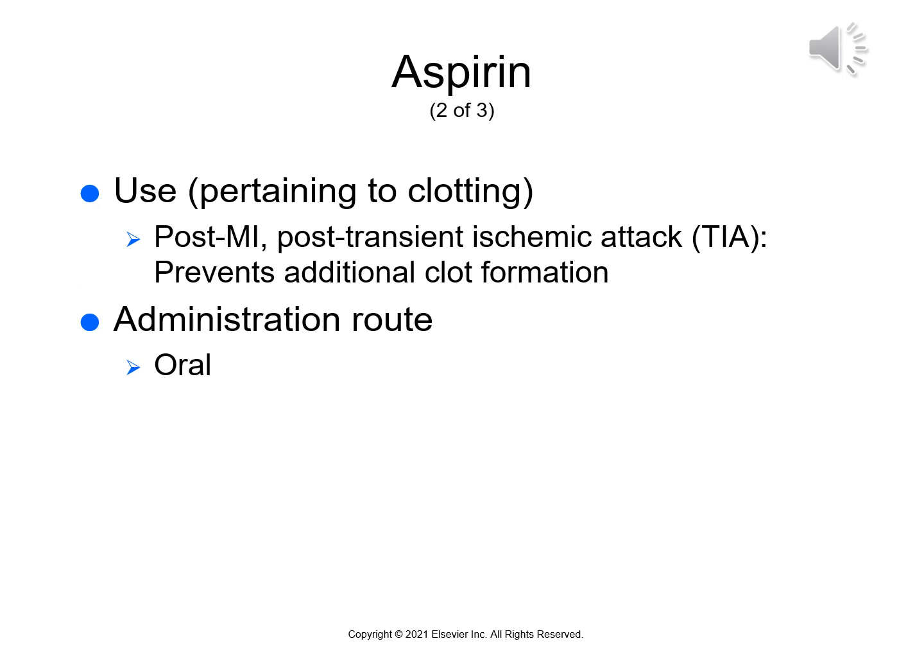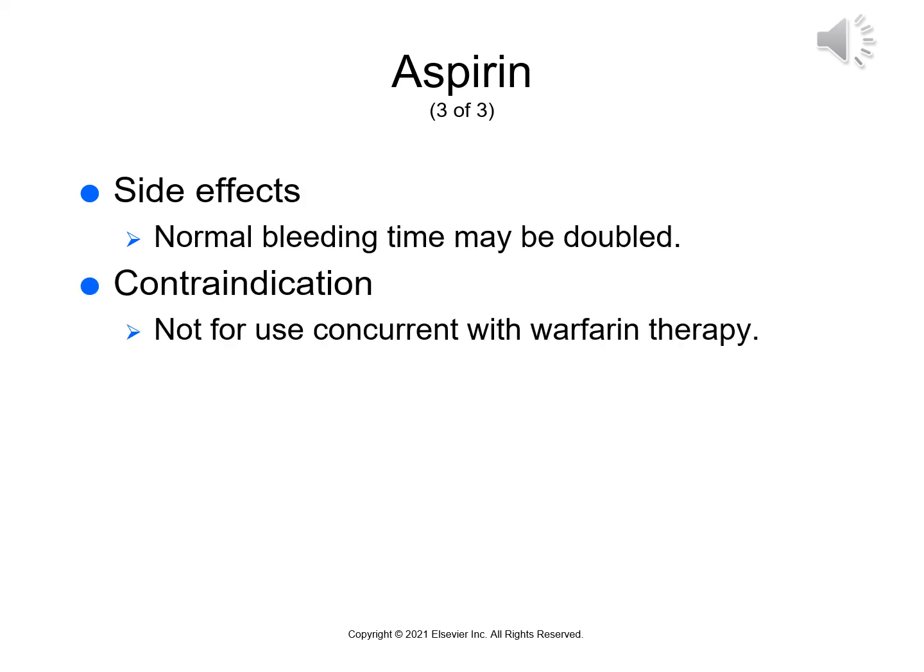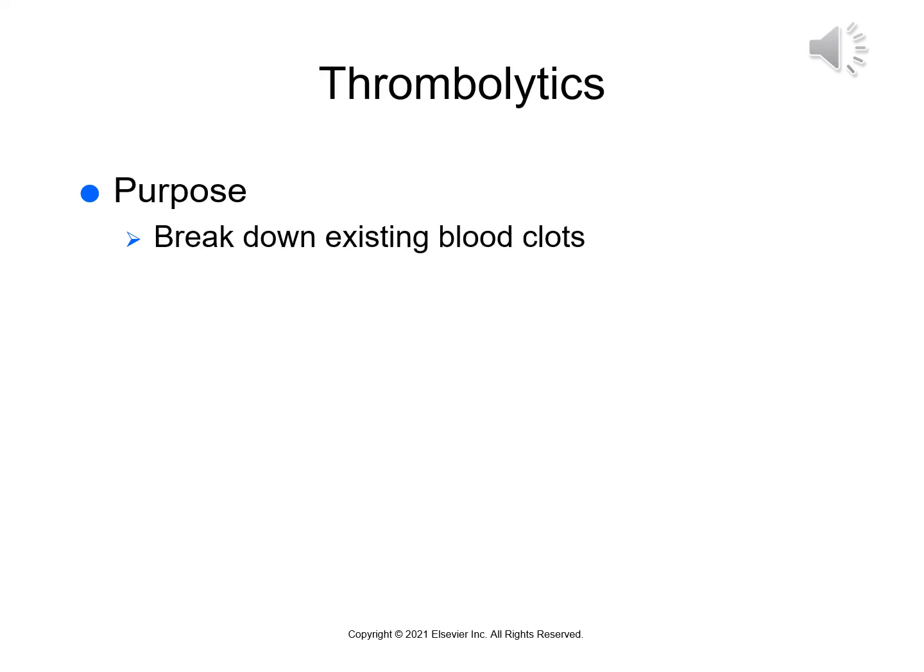So aspirin may be given after MI or recurrent TIAs to reduce the number of further incidents. Just 300 milligrams of aspirin can double normal bleeding time for up to 7 days. So remember, aspirin is contraindicated with concurrent Coumadin use.